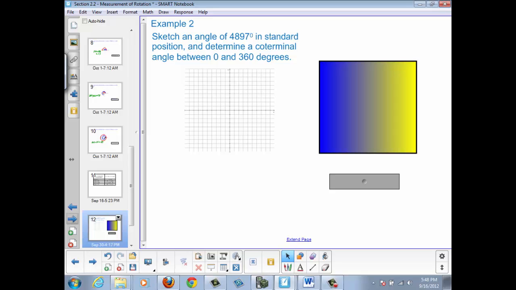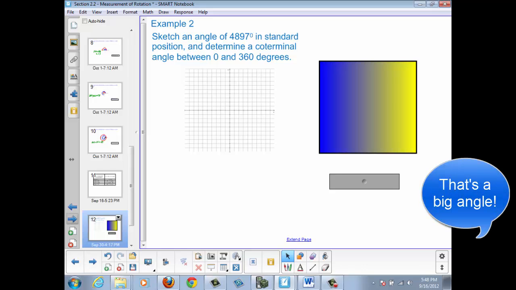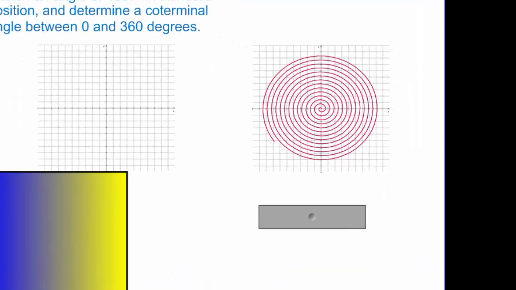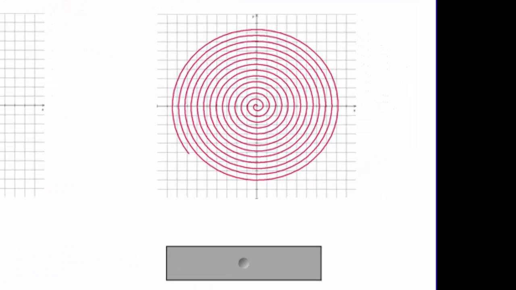Let's take a look at a slightly more challenging example. Let's take an angle of 4,897 degrees in standard position and determine a coterminal angle between 0 and 360 degrees. So 4,897 degrees is a lot of times around the circle. In fact, when we do that, we see this many times around the circle.